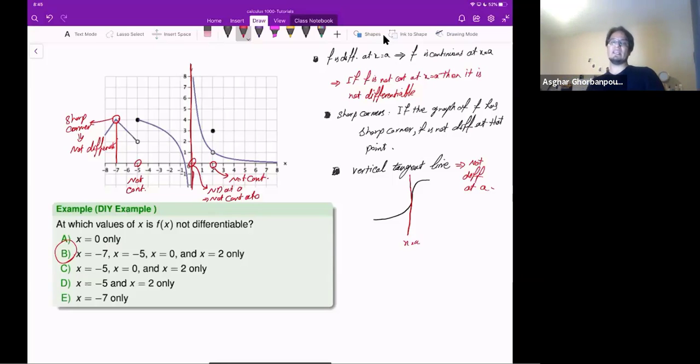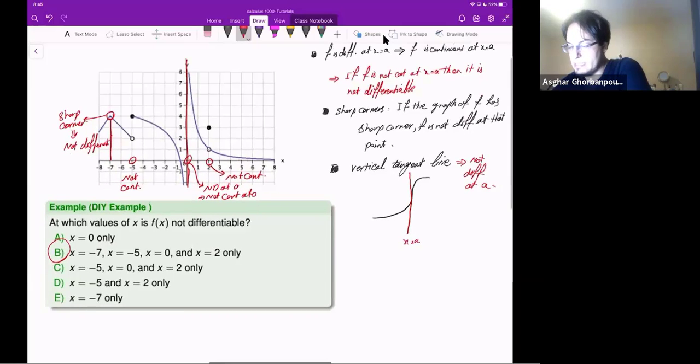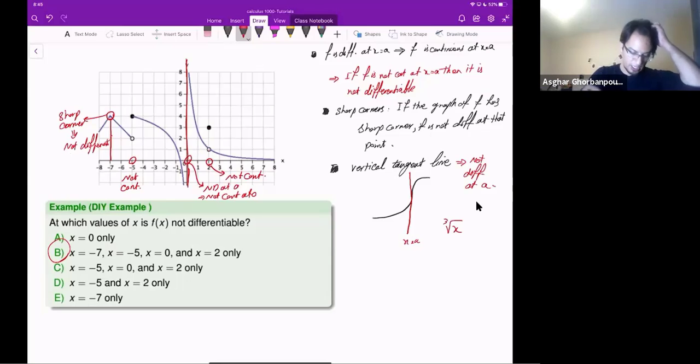We don't have any of those points here, but you can check the previous example that I left for you. That's actually one of those cases. The cube root of x has a vertical tangent line at a point, and the function is not differentiable at that point.